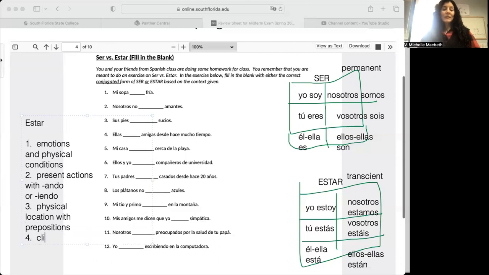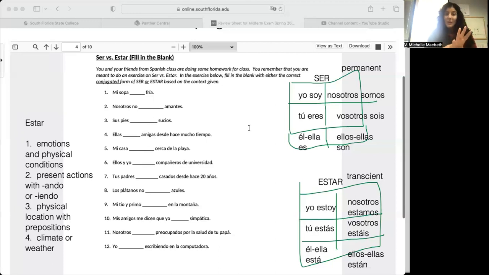And 4, climate. Okay, so those are the 4 instances in which I would use estar. And I know that by default, everything else is going to fall into ser.